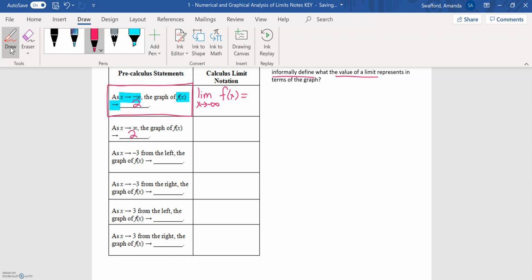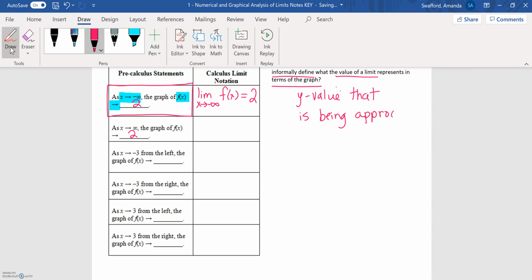And then we write equals, and we write whatever our limit is, whatever the y value is we're approaching. So we read this: the limit as x approaches negative infinity of f of x is 2. Everywhere we see an equal sign, we would say is. So the limit is 2. The limit is the y value we are approaching. So the value of the limit represents the y value in the graph that is being approached.